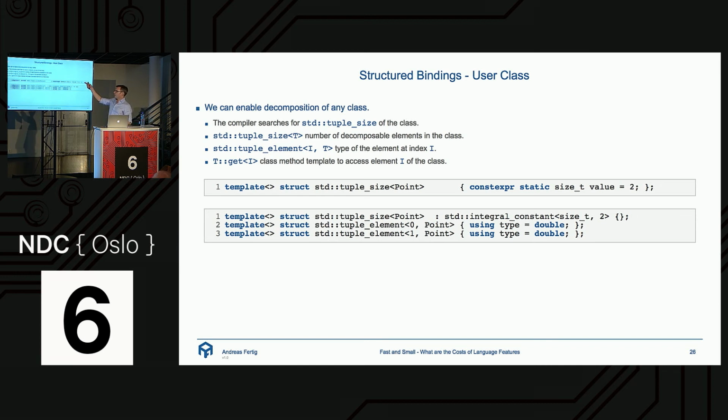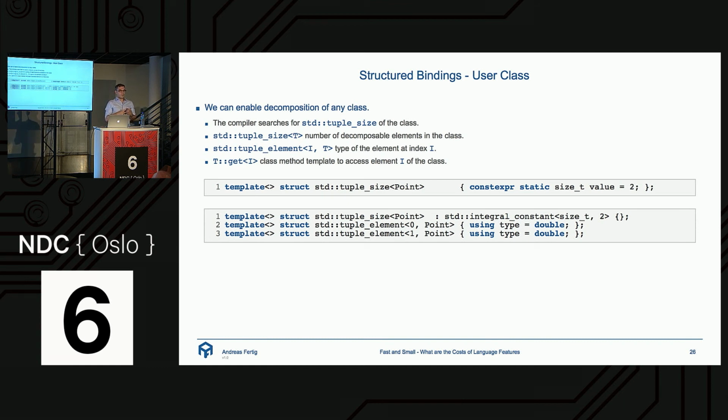There are two ways. That's the naive one. In this tuple_size, the compiler looks for a member variable value. Version 1 down there is probably the much better one because it uses the standard library, std::integral_constant, and this brings all the elements necessary with it.